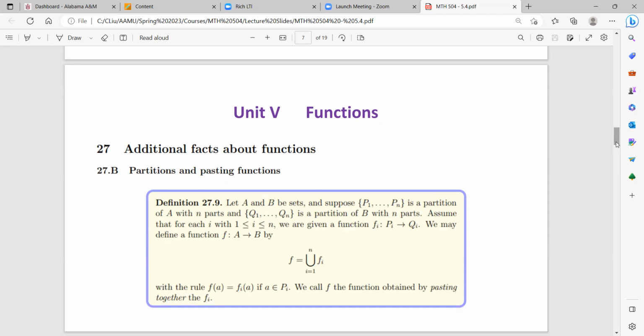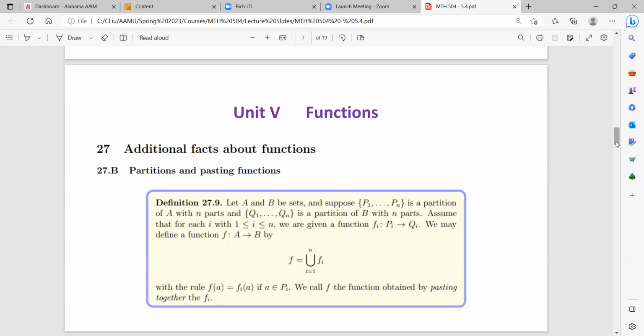Each part is not empty. You cannot talk about the empty set in a partition. It doesn't make sense. Also, the union of all these parts should be the same as the original set.